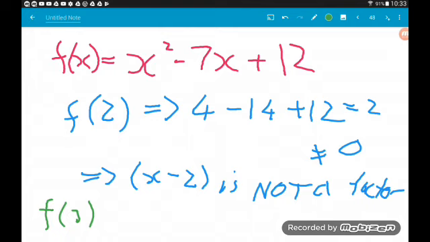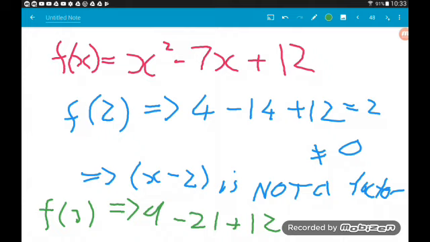So f of 3 would give us 3 squared, which is 9, minus 7 times 3, which is minus 21, and then add 12. Now, does that equal 0?